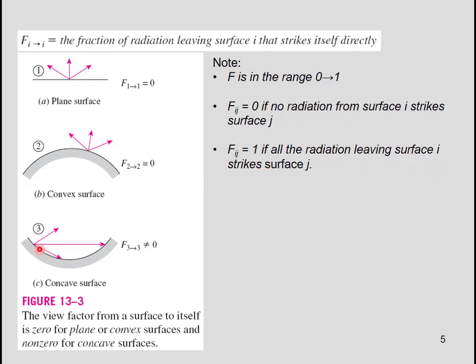And as you can see here, this is a partial view factor, part of the radiation leaving surface I strikes itself. The view factor from surface 2 to itself is 0 because none of the radiation strikes itself, and also for the plane surface.